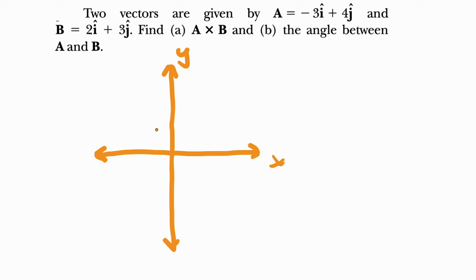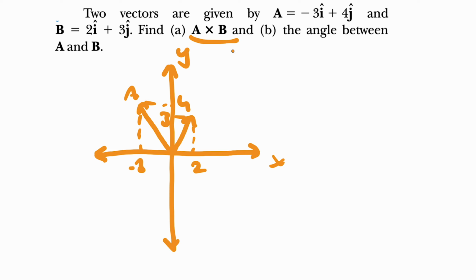So A is minus 3 plus 4j. That's something like about that. That's minus 3 units plus 4 units. And B is plus 2 plus 3, which is something like that. This is plus 2, this is plus 3. So we want to find the cross product of these two vectors.